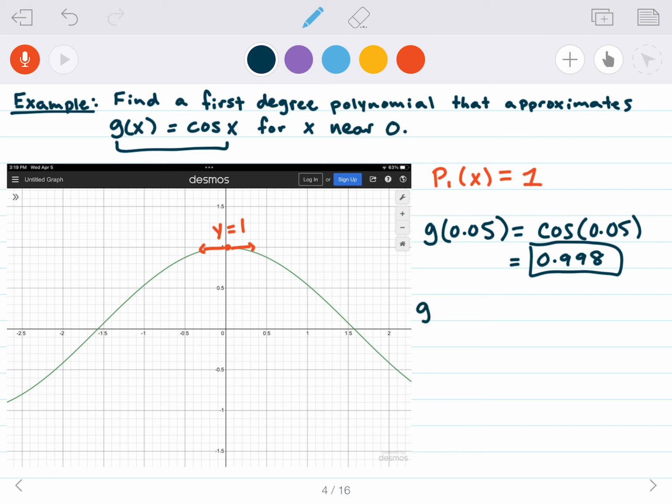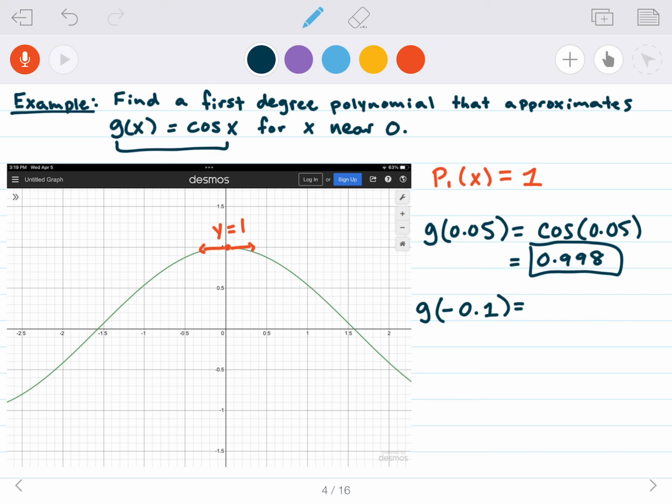What if I plug in something a little bit further away from 0 than the previous one? How about negative 0.1? Let's see.